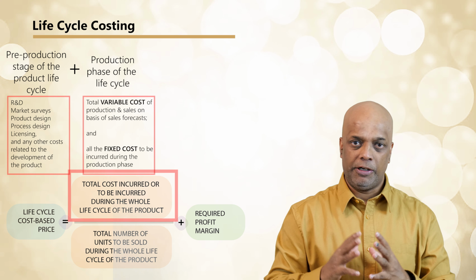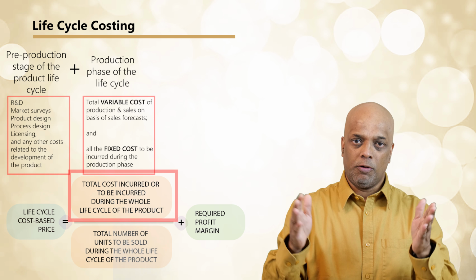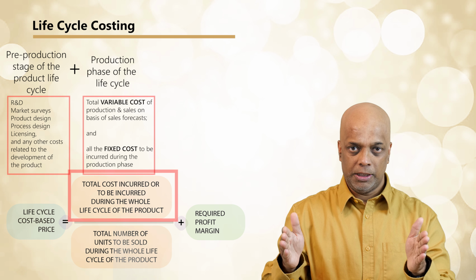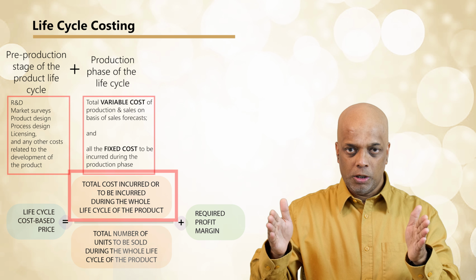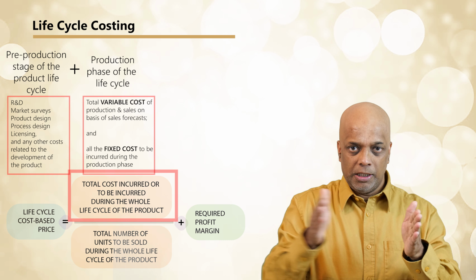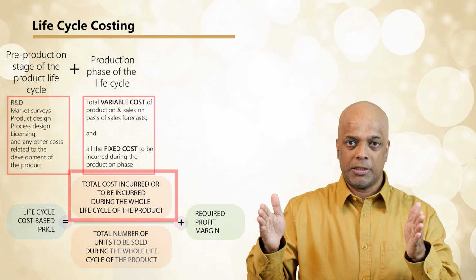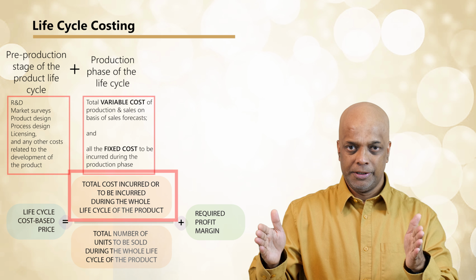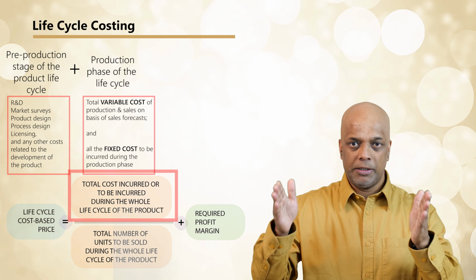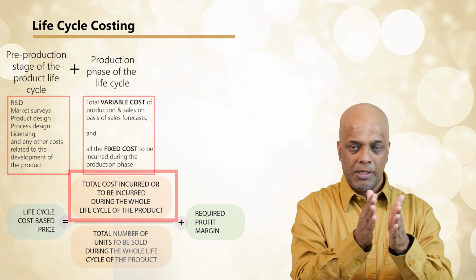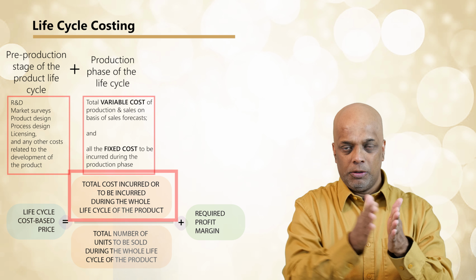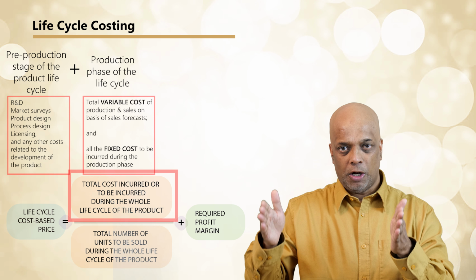For example, activity-based costing, batch costing, or whatever the costing techniques you are using to estimate the total cost that you have to incur during the production phase. Now, for example, think about a product which you estimate would have 5 years of lifespan.